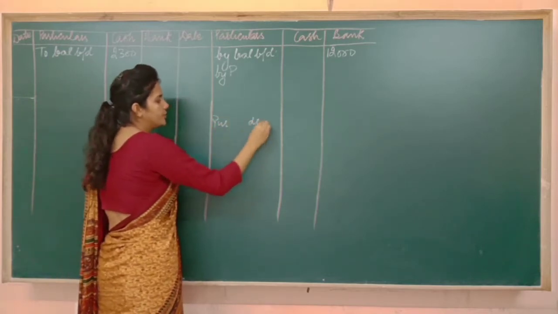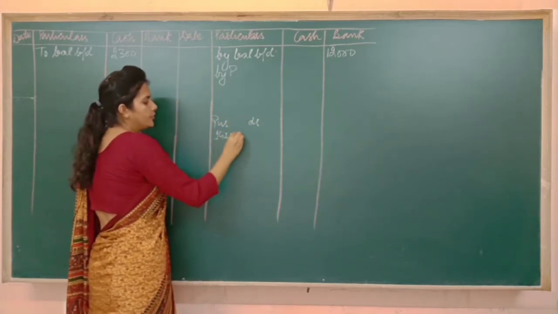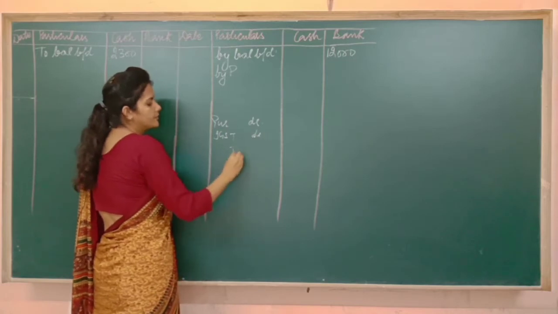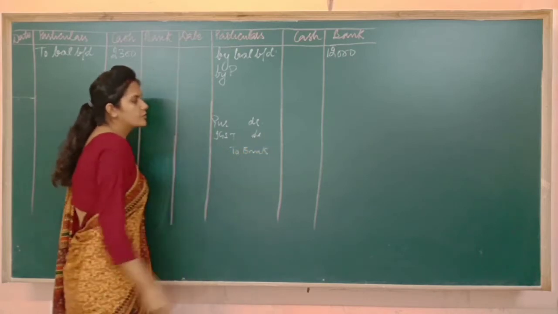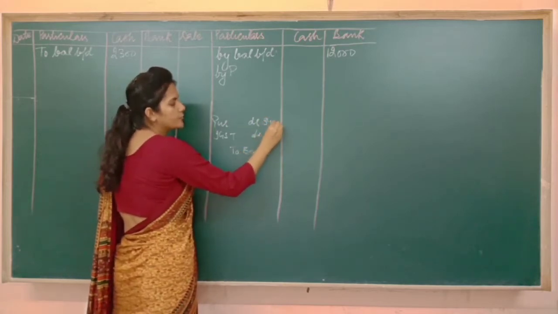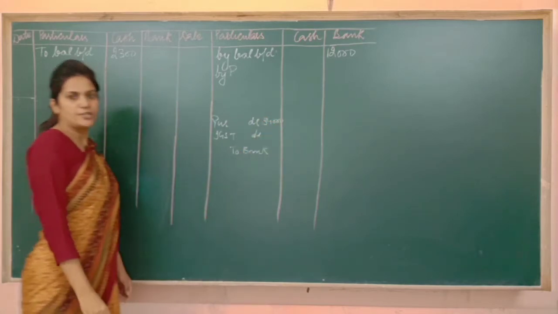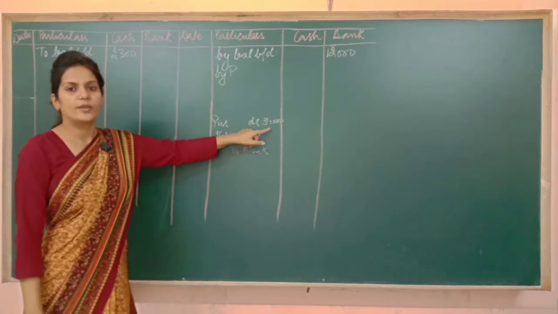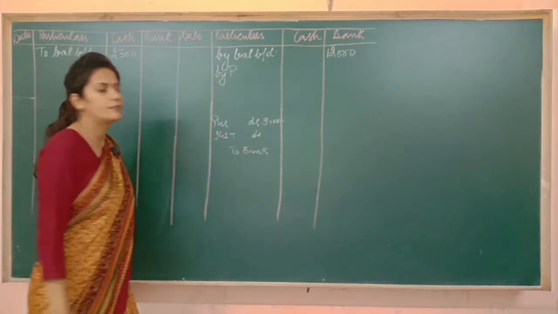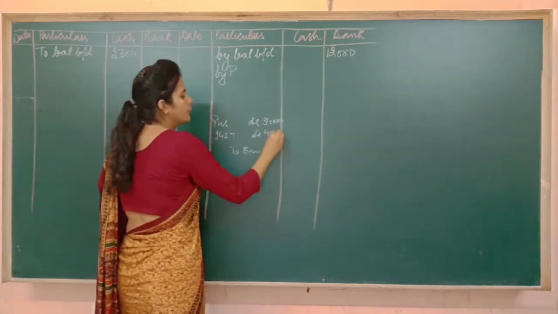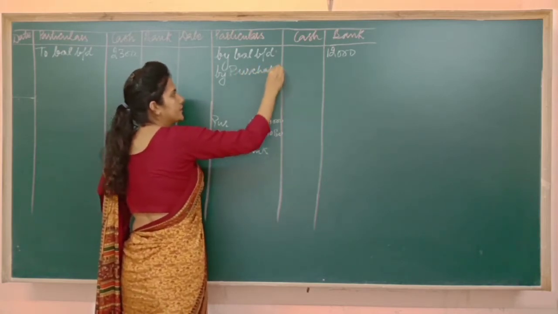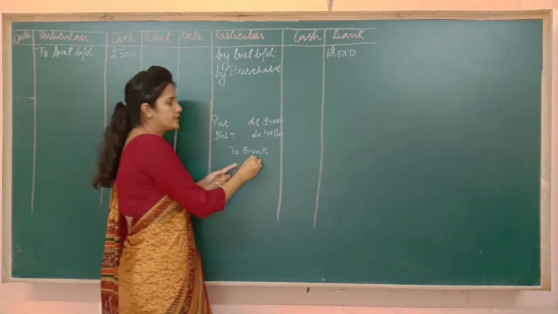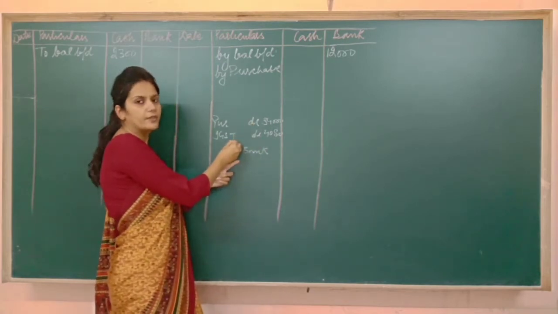Entry is this: purchase account debit, input IGST debit to bank. We have purchased goods for rupees 34,000 and some IGST is there. So IGST is 12%. So 12% of 34,000 is 4,080. So here I will write by purchase, because bank account is credited, by purchase and because of IGST.